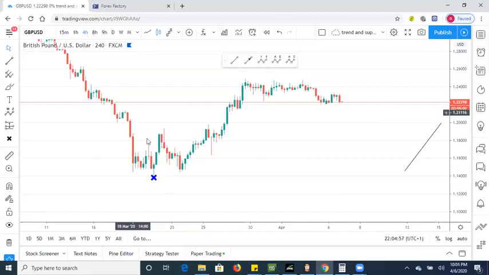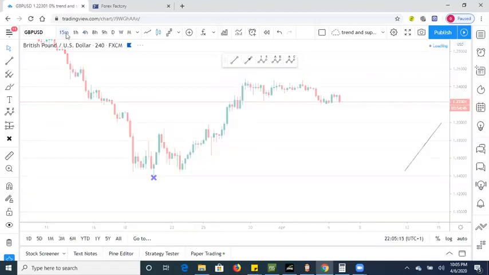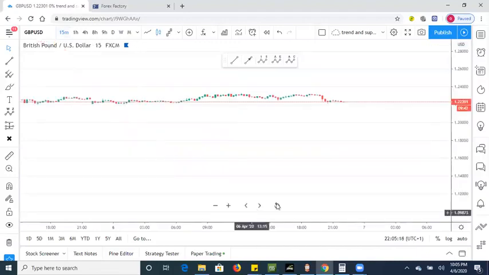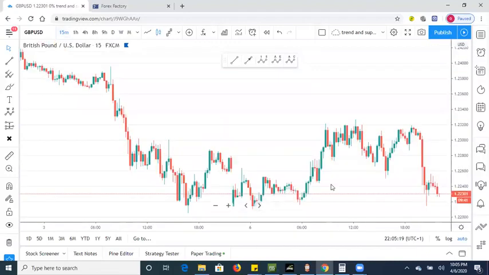And this is a 4-hour chart, by the way. So this is 12 hours of moving in a particular direction. This is not enough to say that price is in a bullish trend, right?